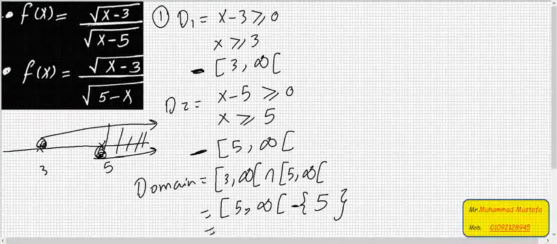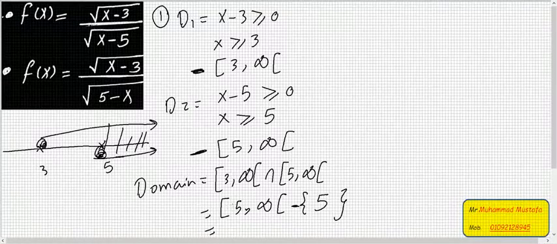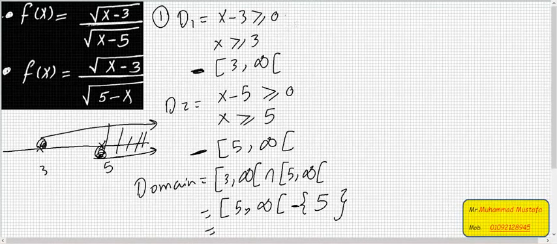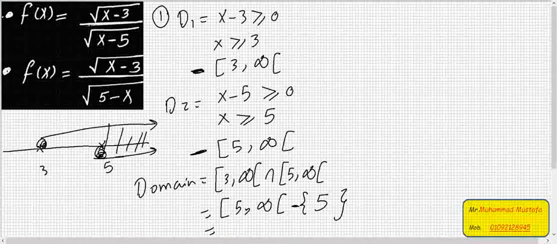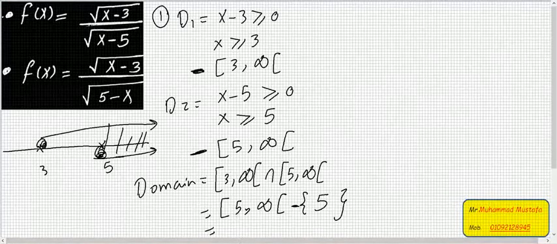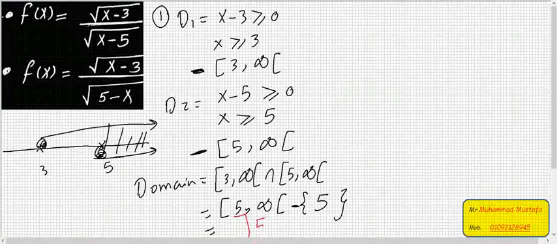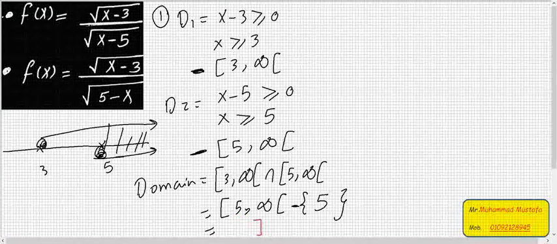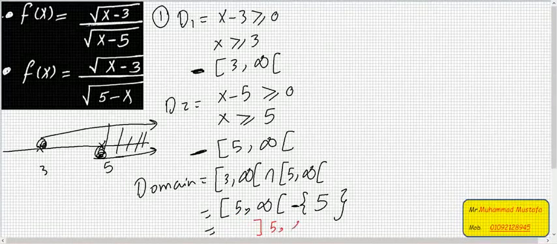Here we can make 5 outside of the domain by writing it open. Then the domain of the function is 5 open, infinity open.